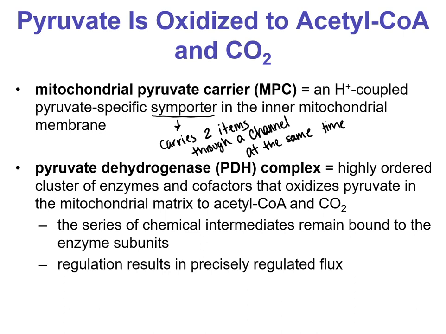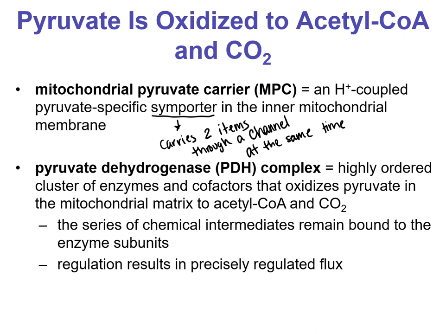Once they pass through that membrane and get into the mitochondrial matrix, then that pyruvate can be taken up by the pyruvate dehydrogenase complex, or PDH. This is a cluster of enzymes and cofactors that oxidizes pyruvate in the mitochondrial matrix to form acetyl-CoA and carbon dioxide.